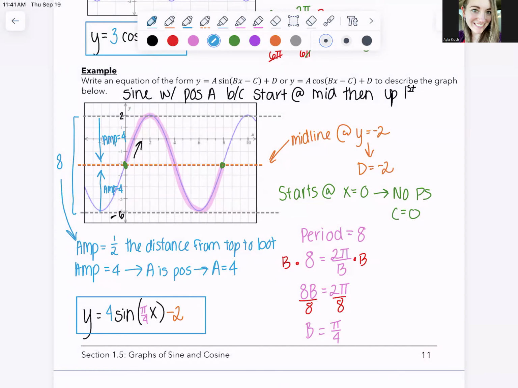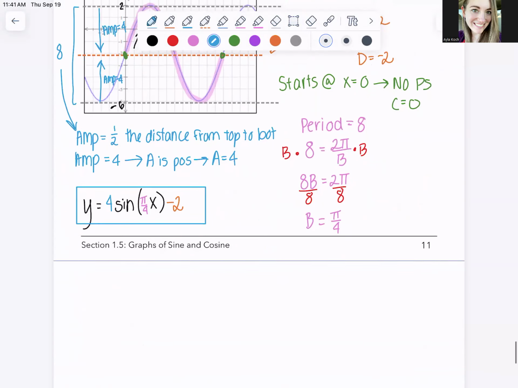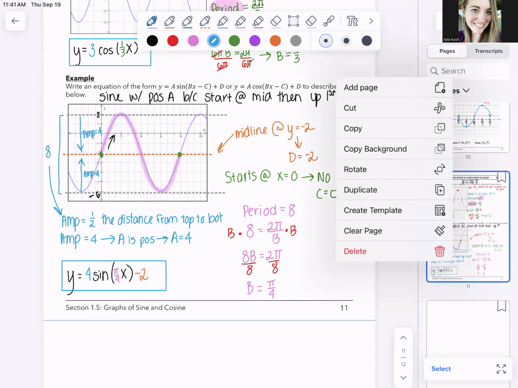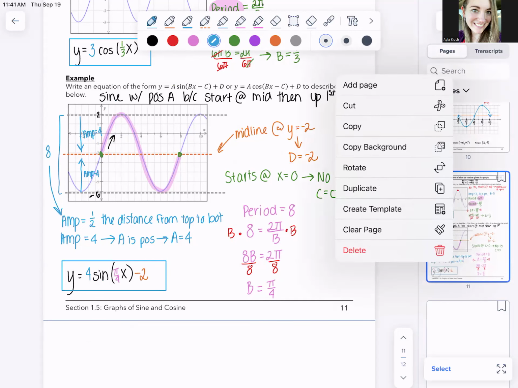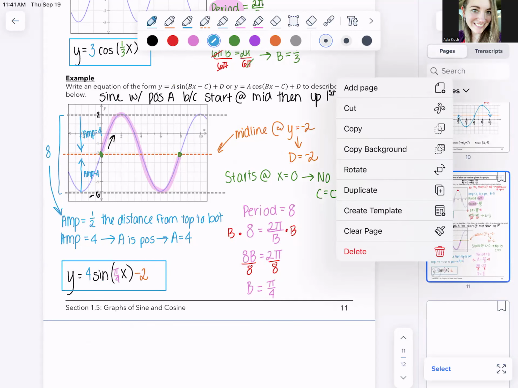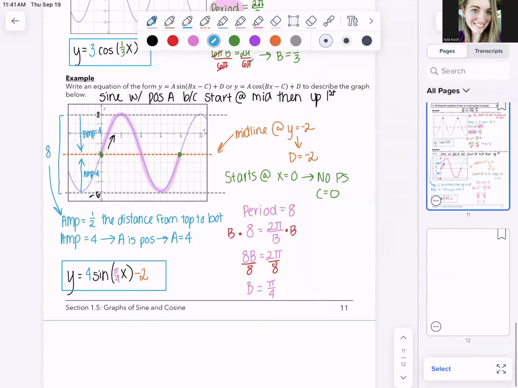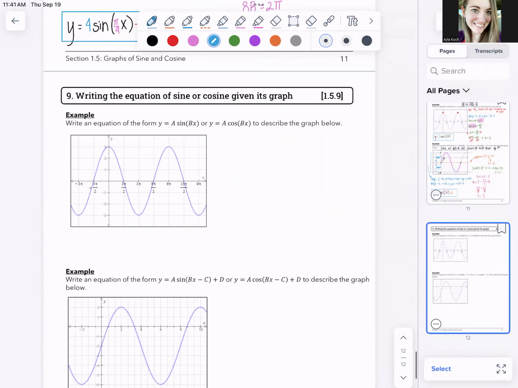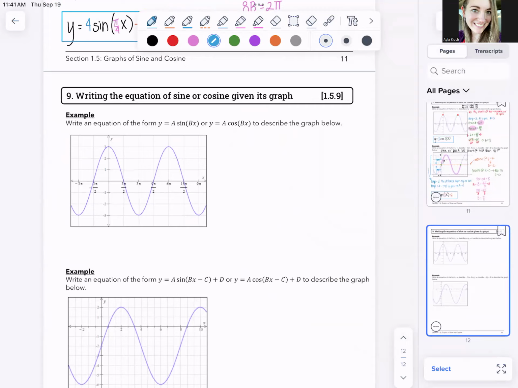Otherwise, that's the end of this worksheet and this section. So if you're happy, you go ahead and leave if you don't want to see this.